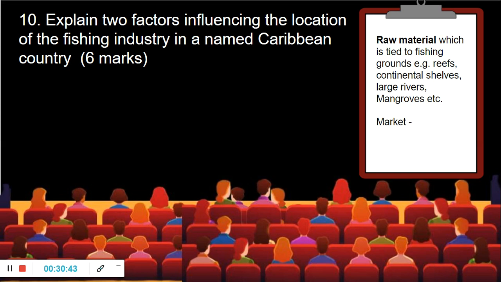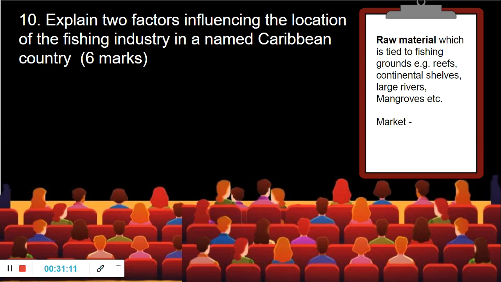It has the second largest barrier reef, which is also a marine habitat. It has some atoll reefs that are also marine habitats. It has mangroves, and it has areas where large rivers are flowing into the sea and releasing nutrients.